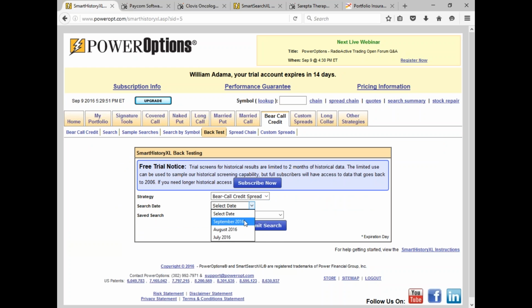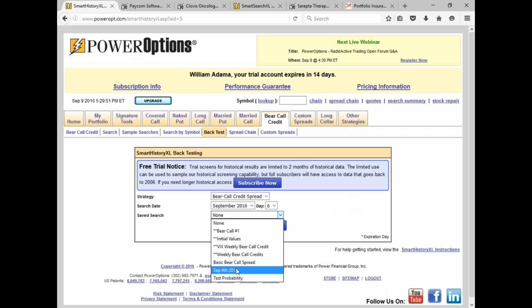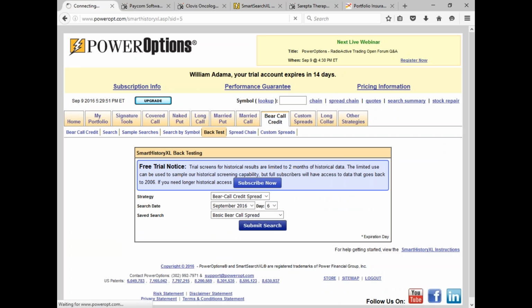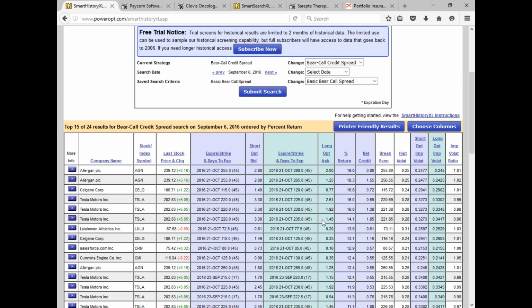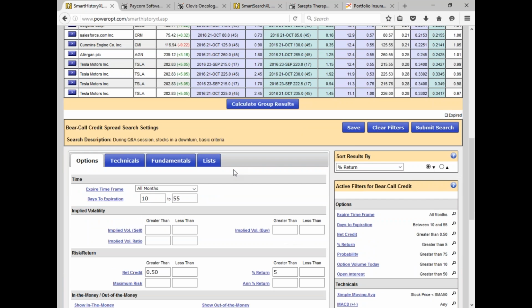And I'm going to pull up a search from Wednesday. Ignore this, I'm just going to pull up a basic spread first, Sam, and go back. I just have to put in a minimum search first. There we go. These are just some of the spreads, but let's do exactly what we did before.